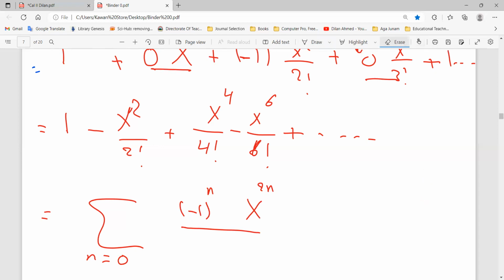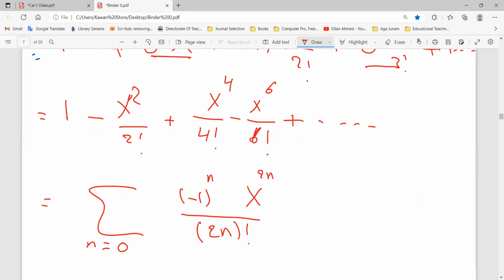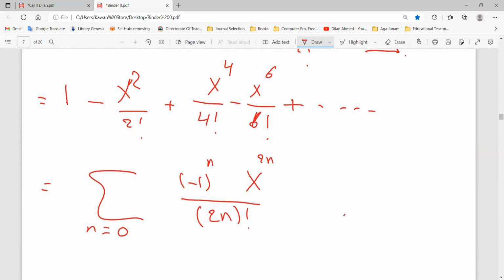Good. How about the denominator? I'm sure about that. I have factorial, right? That's going to be 2n, right? So if n is 0, that one will be positive. That one will give me x to power 0, which is equal to 1.